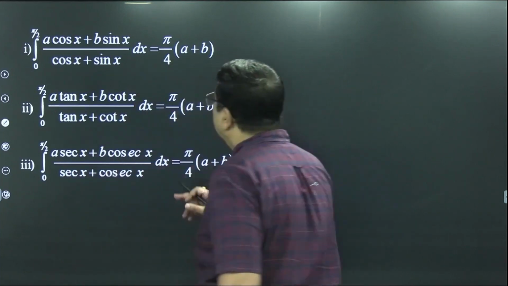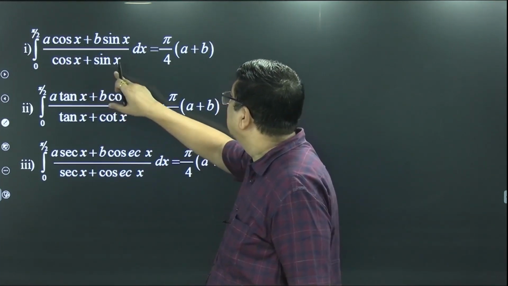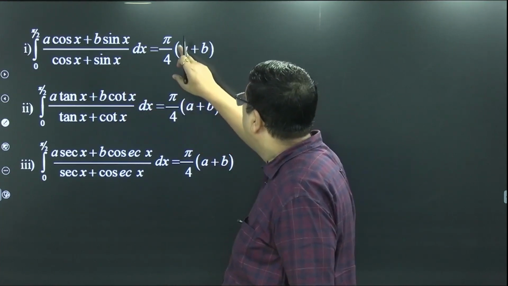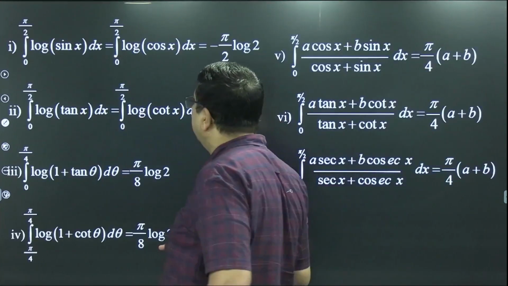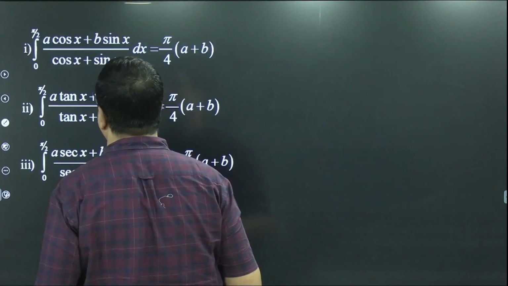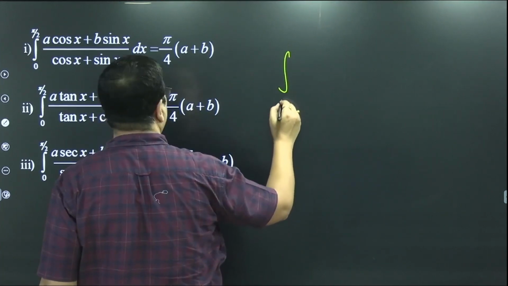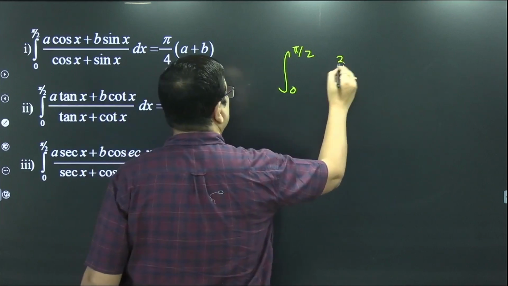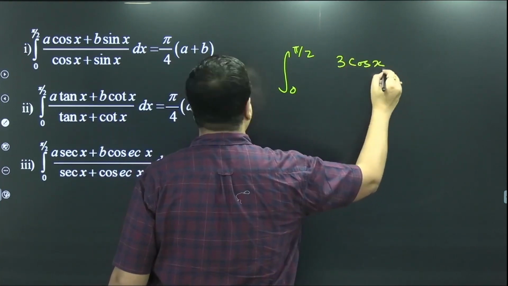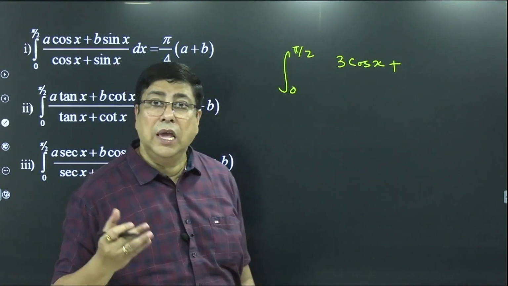Next, this is also some sums, like 0 to pi by 2 of a cos x plus b sin x by cos x plus sin x dx equal to pi by 4 into a plus b. For example, I am giving you one sum so that you can remember. 0 to pi by 2, 3 cos x. These are very common for the examination, like in differential equations and in area sums.